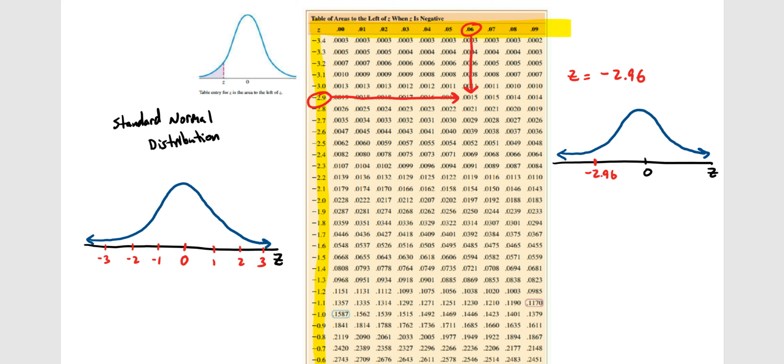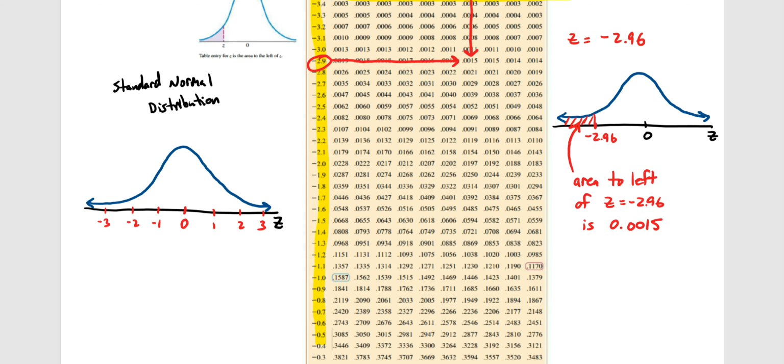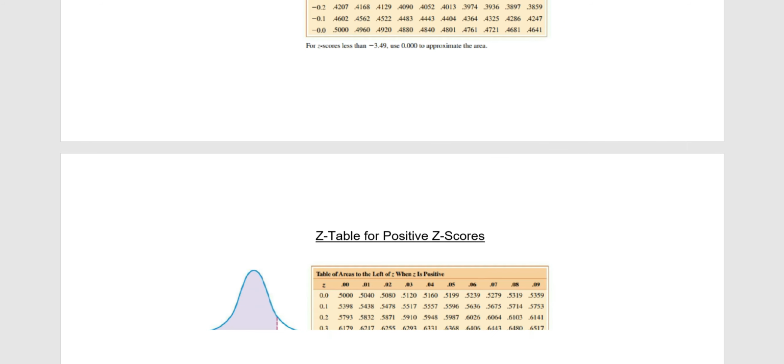So that number, 0.0015, is the area to the left of that z-value underneath the normal curve. Okay, so our z-values are on the first column, first row, and wherever it meets, all of these numbers here in the middle represent areas underneath the standard normal curve to the left of that z-score. So that was for negative values.